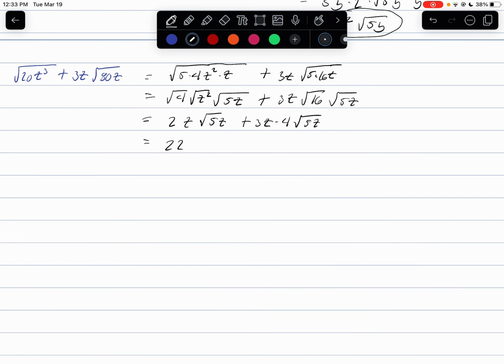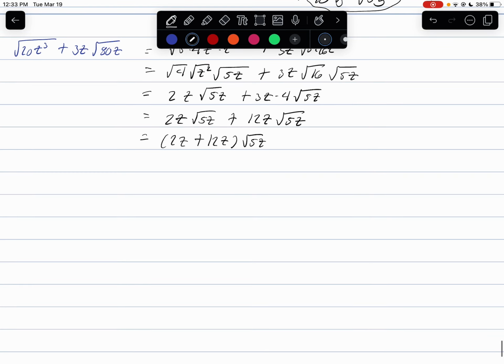So we have 2z times the square root of 5z. 3 times 4 is 12, so plus 12z times the square root of 5z. So we're almost done. This is going to give us 2z plus 12z times the square root of 5z, which is 14z times the square root of 5z.